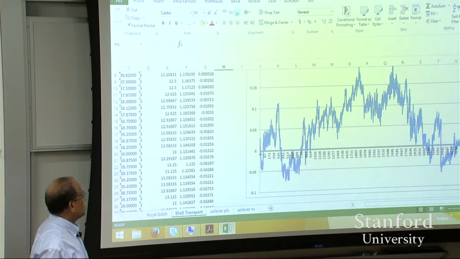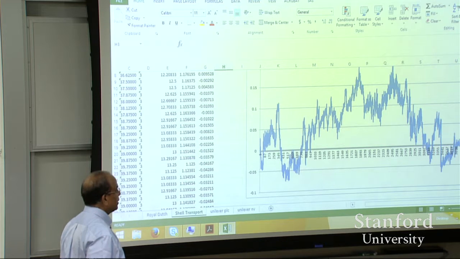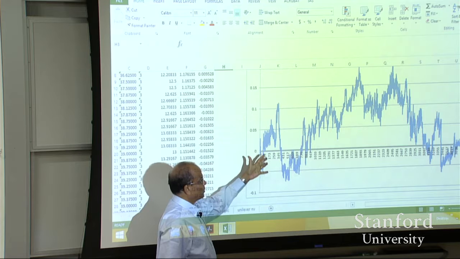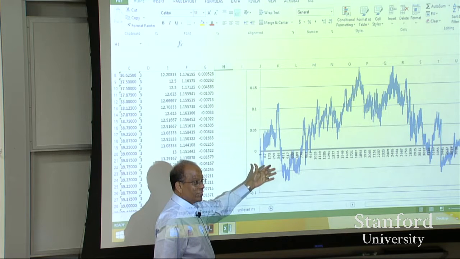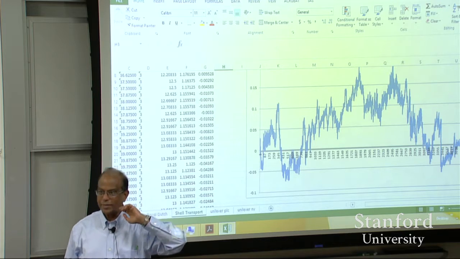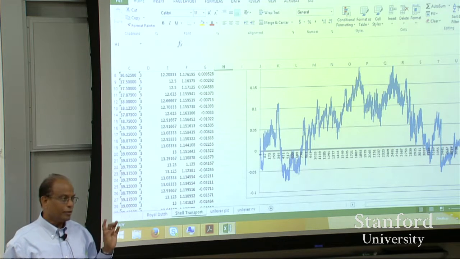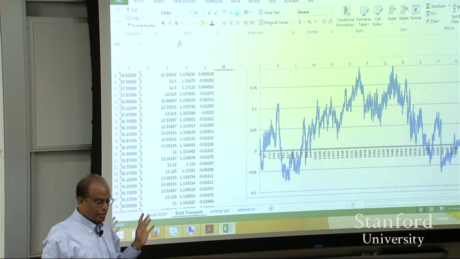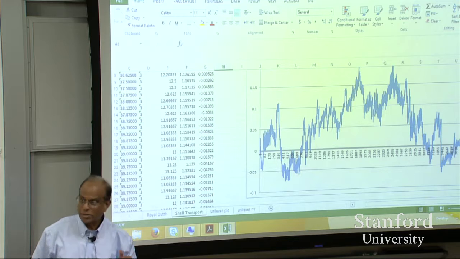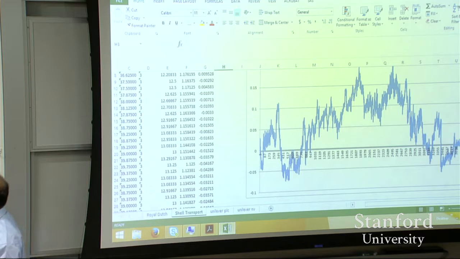The key here is that somehow you need to decide what the limit should be, so that whenever it exceeds those limits, you make the trade. That's the idea. Here, what I did was to use 2 standard deviation limits for this parity difference.